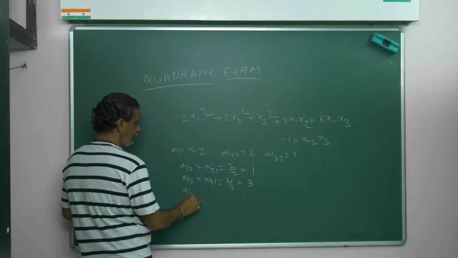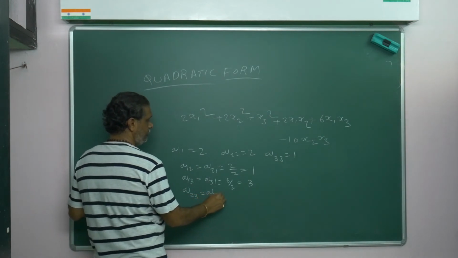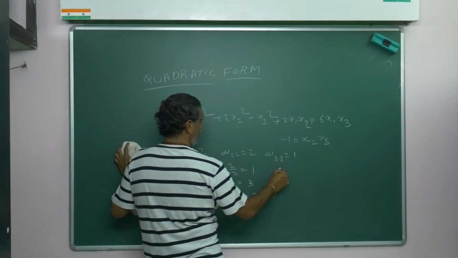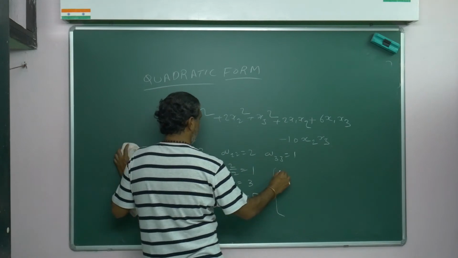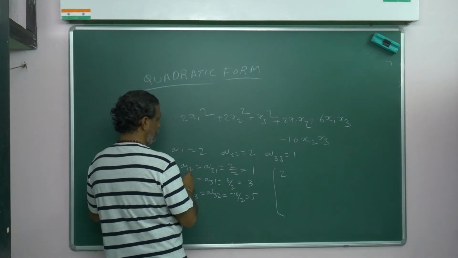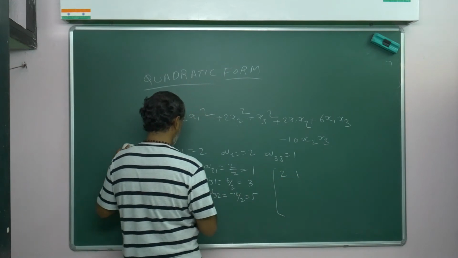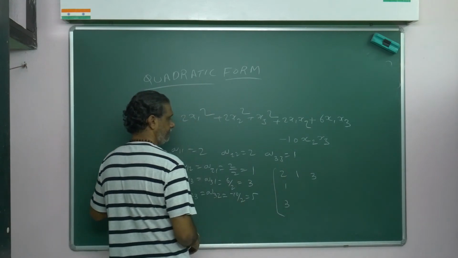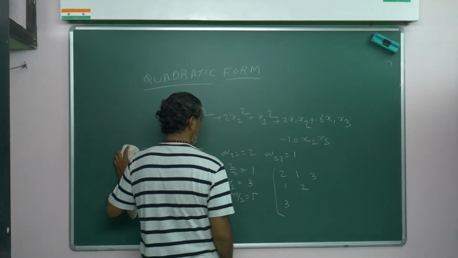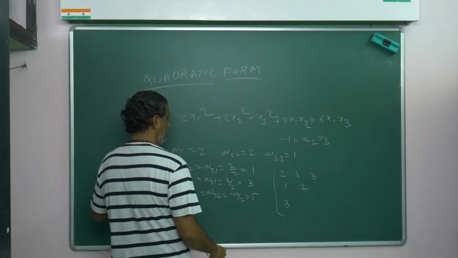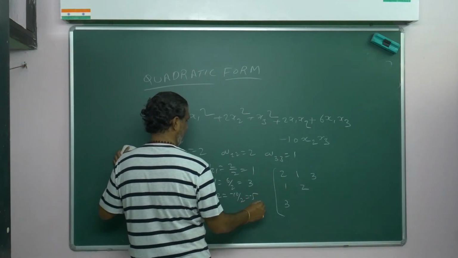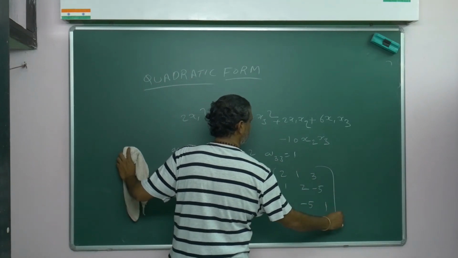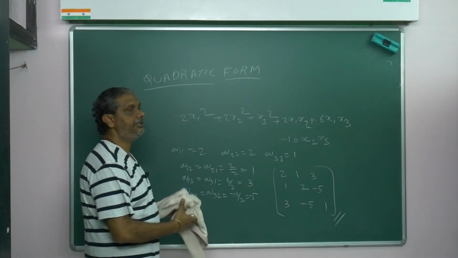Then a23 equals a32 equals minus 10 by 2, which is minus 5. Now we can fill the matrix: a11 is 2, a12 is 1, a13 is 3, and by symmetry the others follow, a23 is minus 5 and so is a32.